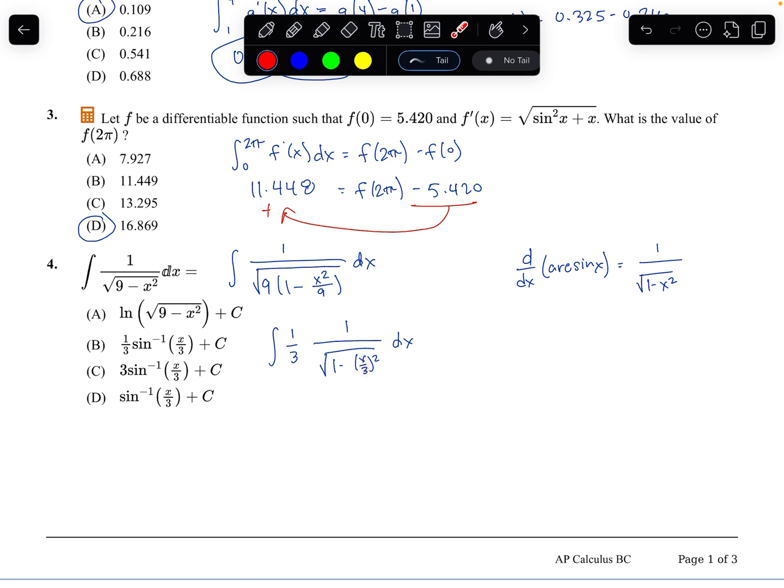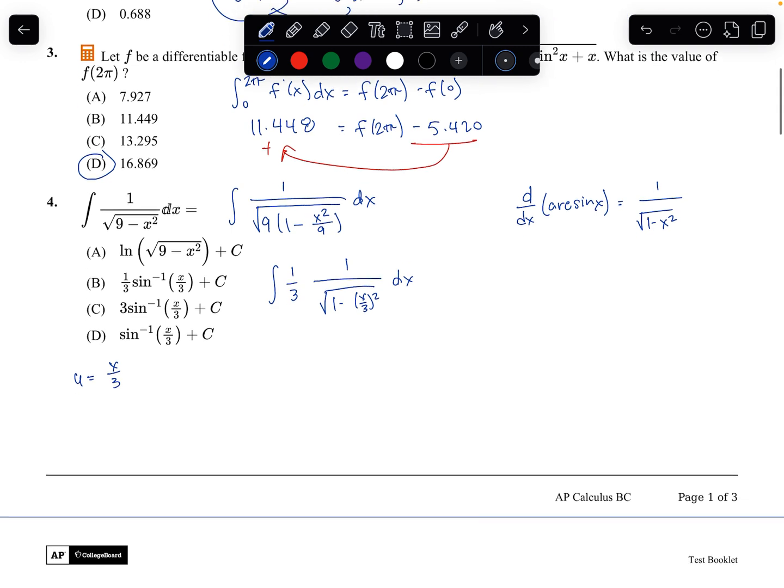So let's say that I let u be equal to x over 3. Then I take the derivative of that.